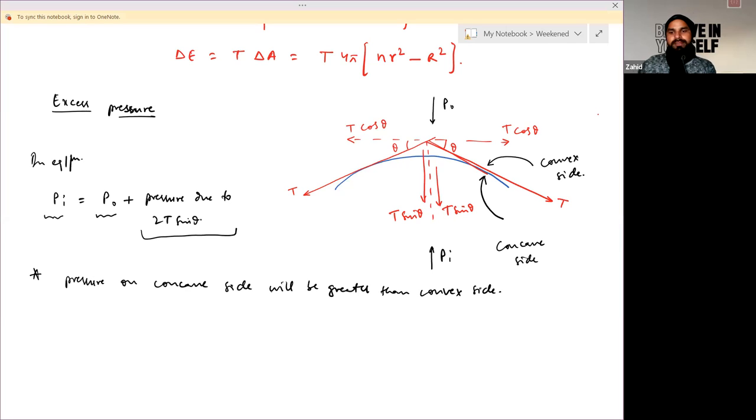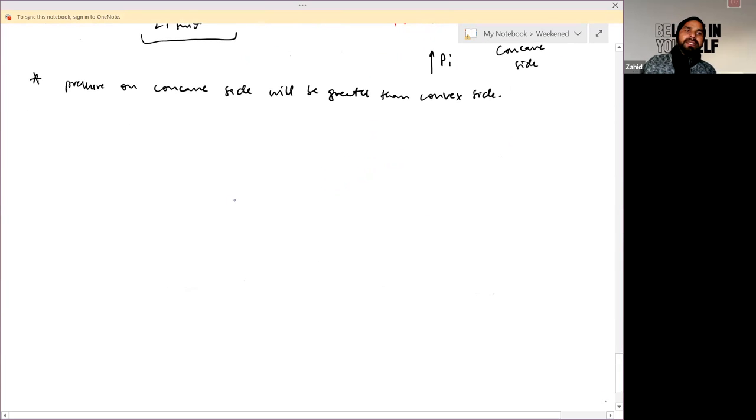So we have to calculate this excess pressure from inside and outside. Let me show you how to calculate it. Suppose there is a drop whose initial radius is r.